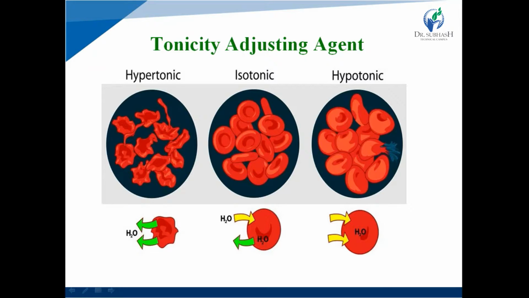Buffers. Why is buffer used in parenterals? They are added to maintain the pH, since a change in pH may cause degradation of the product. Factors affecting the selection of buffers are effective range or concentration and chemical effect on the total product. The acceptable pH range is 3 to 10.5 for intravenous preparations and 4 to 9 for other routes.